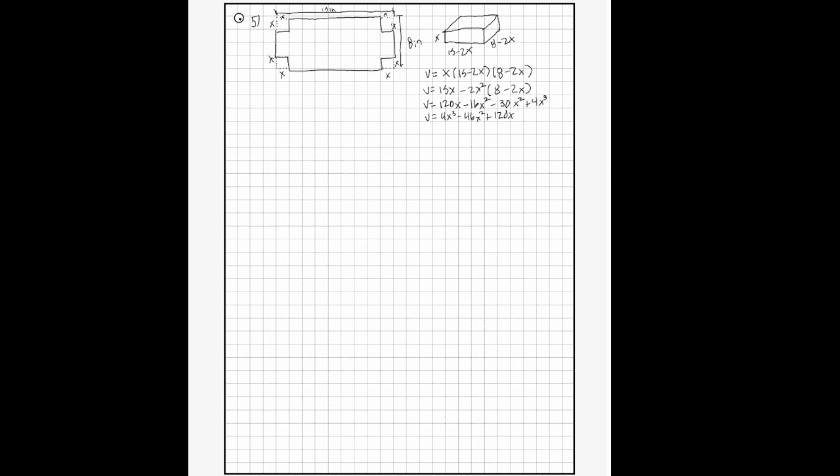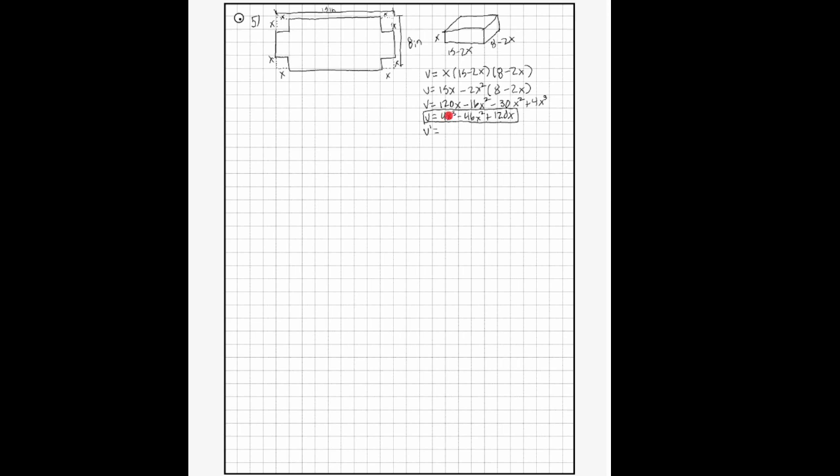Alright, step 2 is I need to calculate the derivative of this equation. In order to do that, I just use the power rule, right? When I calculate the derivative, first I'm underlining this one to box it up, because this is important.